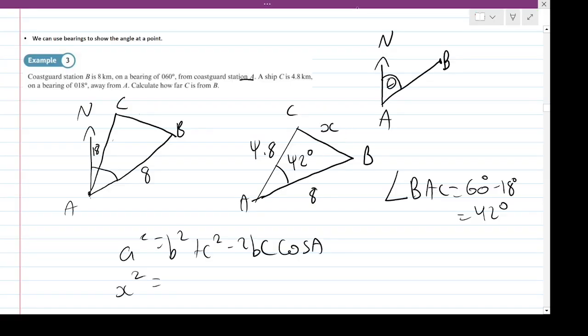So the other two sides, b and c, are 4.8 squared add 8 squared, minus 2 lots of 4.8 times 8 times the cosine of the angle 42.